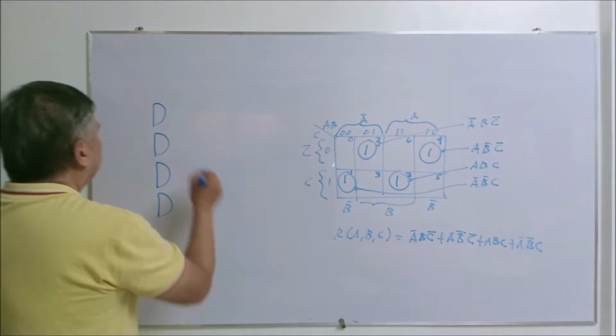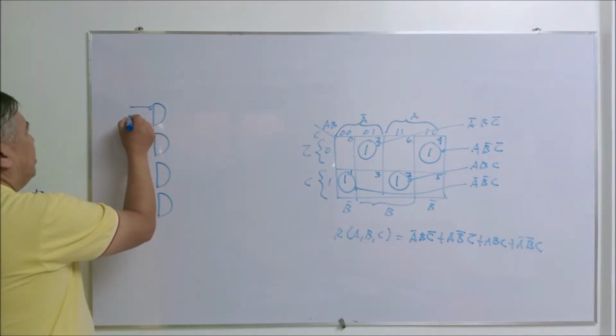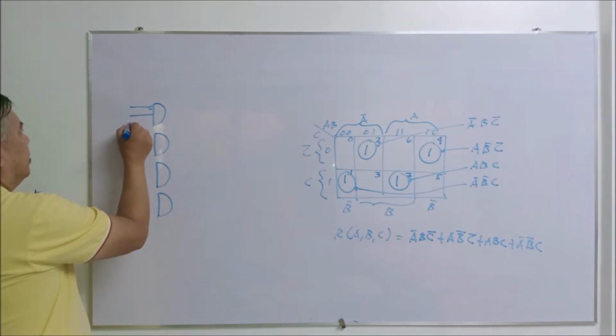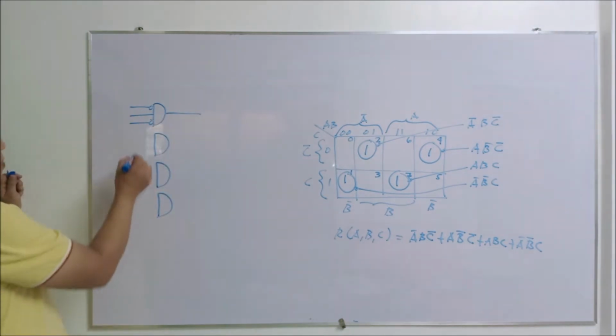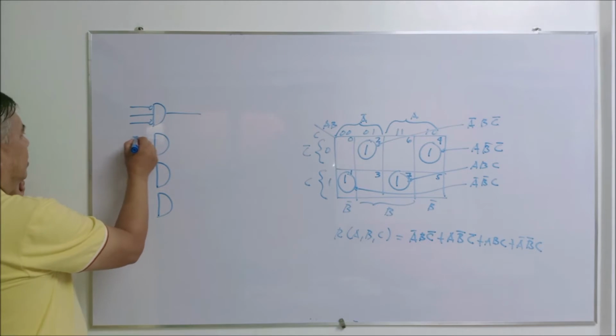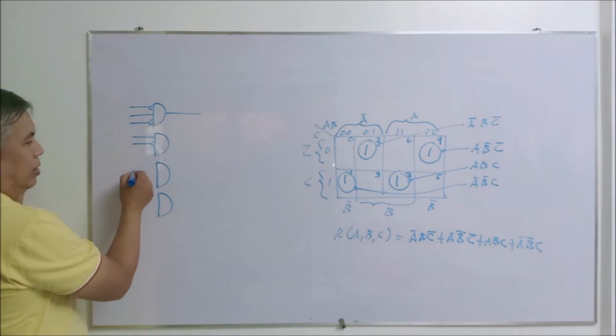Okay, so you have A bar, then you have B, and then you have C bar. Then you have A, B bar, and then C bar.